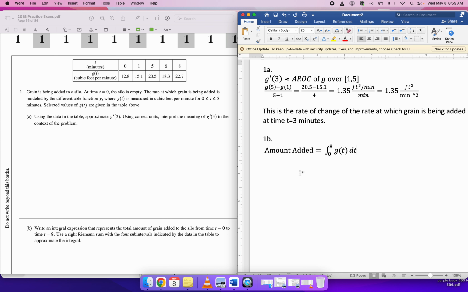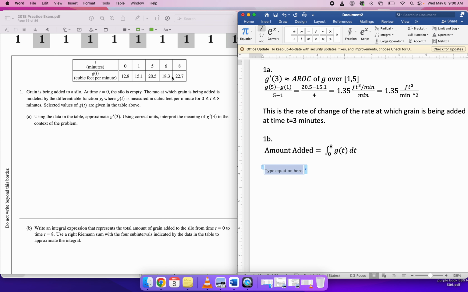And then to use a right-Riemann sum to approximate this integral, the intervals are 0 to 1, 1 to 5, 5 to 6, 6 to 8. So the first rectangle sitting above the interval 0 to 1, its width is 1, and its height is 15.1, right? Because we're using the right endpoint. Plus, the next subinterval is 4 wide. And how tall is it? It's 20.5.